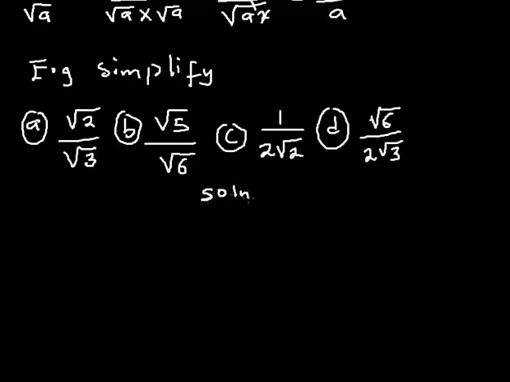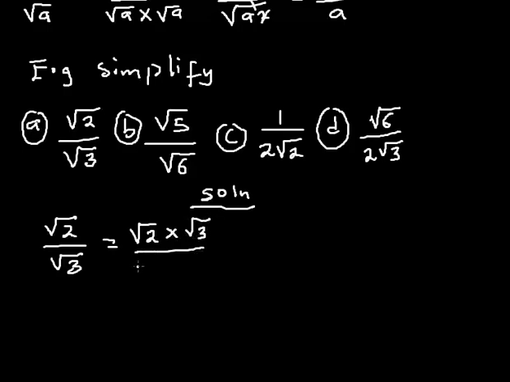Solution. So we have to rationalize, and you know how we do that? We multiply the numerator by the surd in the denominator, so that's root 3. And of course, we still multiply the denominator by that same surd. Of course, root 2 times root 3.